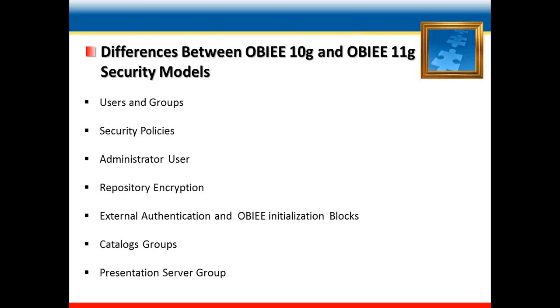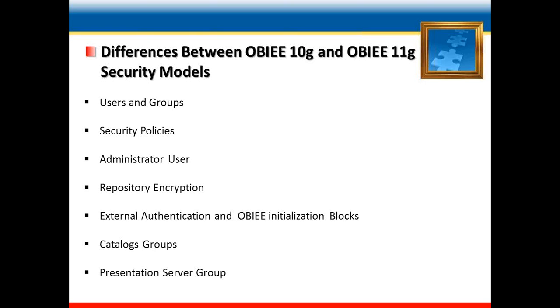Then third, the administrator user. For OBIEE 10G, there is a unique user with full administrative privileges, and for 11G, there is no single user name with full administrator privileges; administration can be performed by any user who is a member of the BI Administrators group.